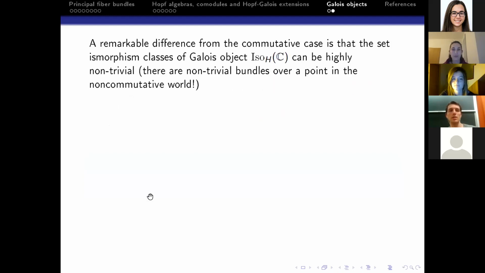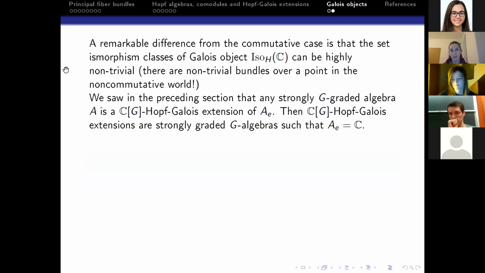Okay, last two slides. The remarkable difference in this non-commutative setting is that the isomorphism classes of Galois objects for a Hopf algebra H can be highly non-trivial, so that we can have an infinite number of inequivalent Galois objects for a given Hopf algebra.